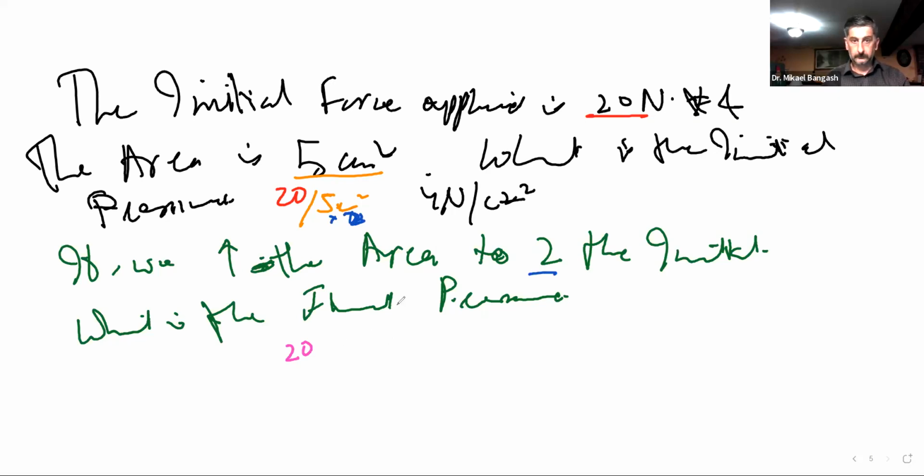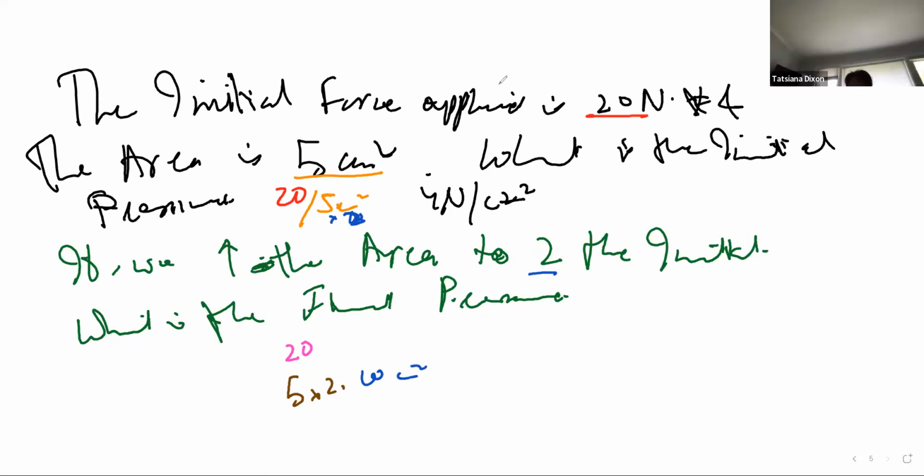So we'll have 5 multiplied by 2, which gives us a total of 10 centimeters square. Now, what's the final pressure then? 2.